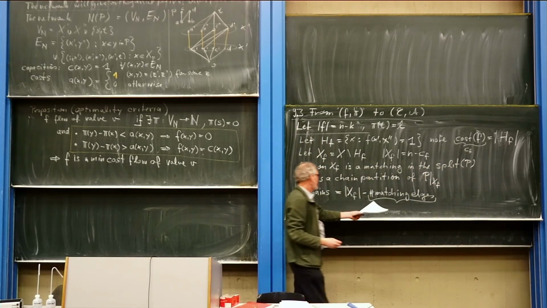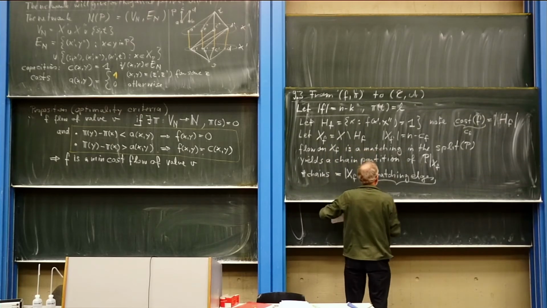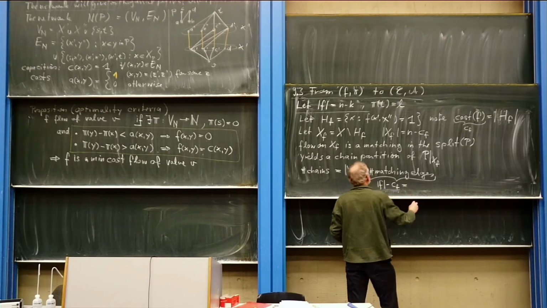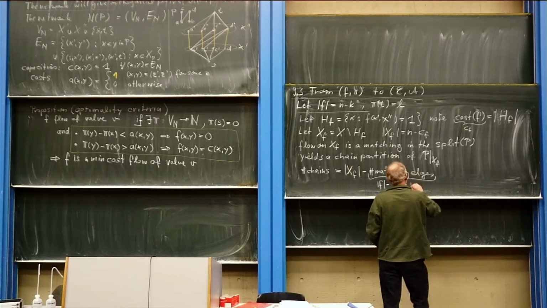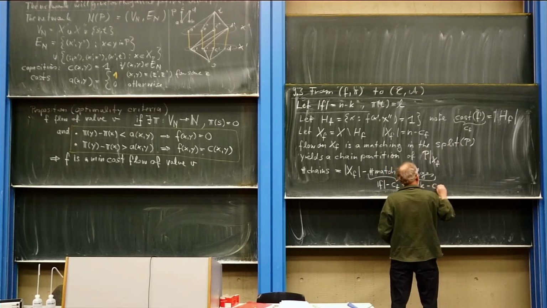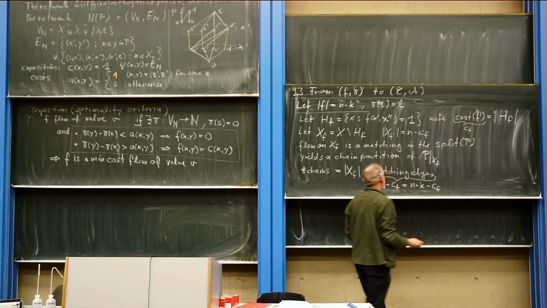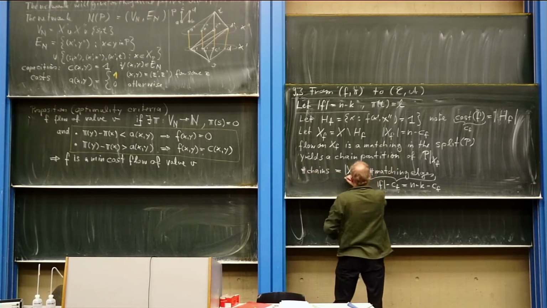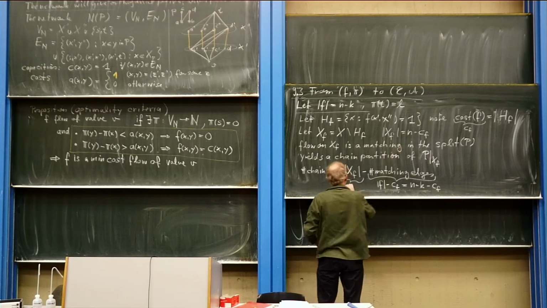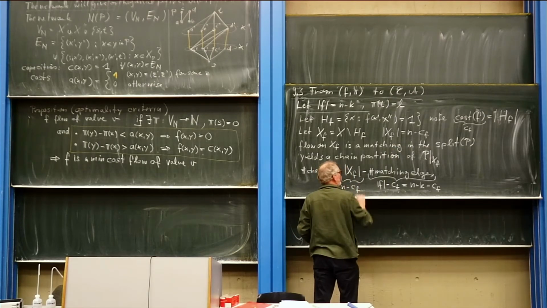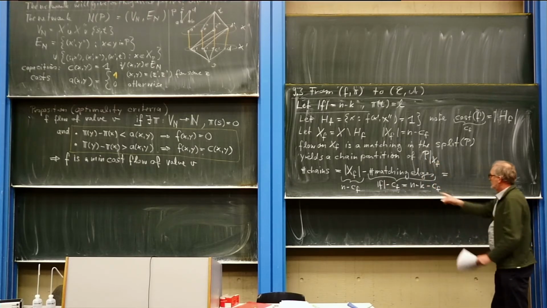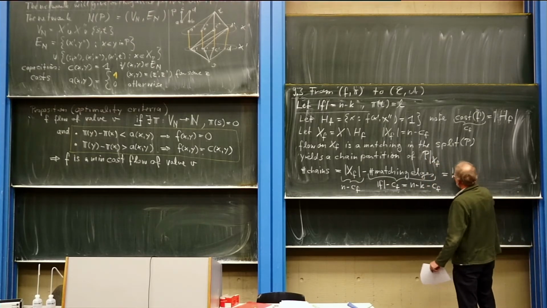So the number of matching edges is size of F minus cost of F, which is n minus k minus C of F. And the size of X F is equal to n minus C of F. So in total, we get k chains.